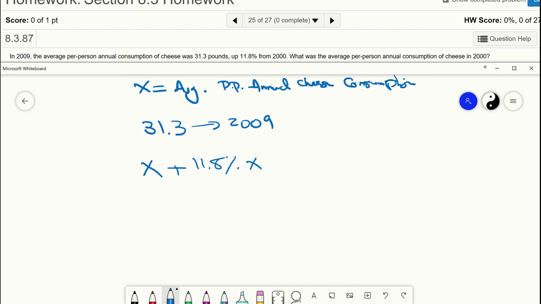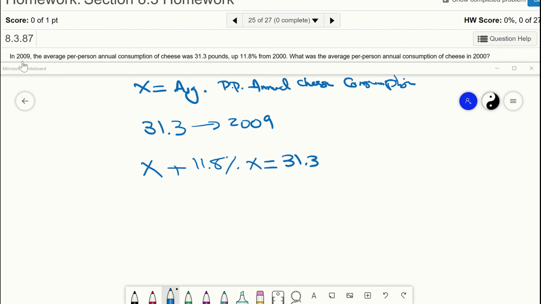This is how you handle when they say up by this percentage, right? And that is what ended up being 31.3. So we don't know what the consumption was in 2000, right? But we know that whatever it was, if we add 11.8% of itself to it, we should get the new amount which corresponded to 2009.